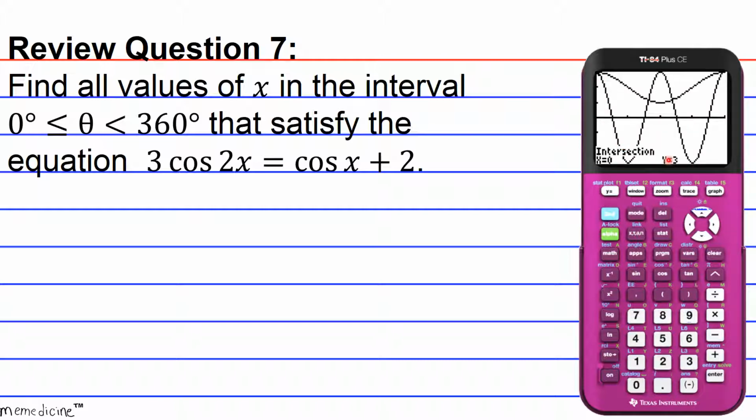So let me tell you how to do this whole intersection calculation. You basically press second, trace, and that takes you to the calculation feature, and you choose option 5 to calculate the points of intersection.